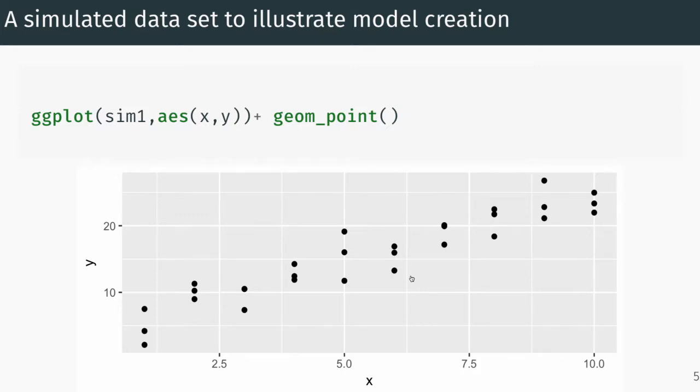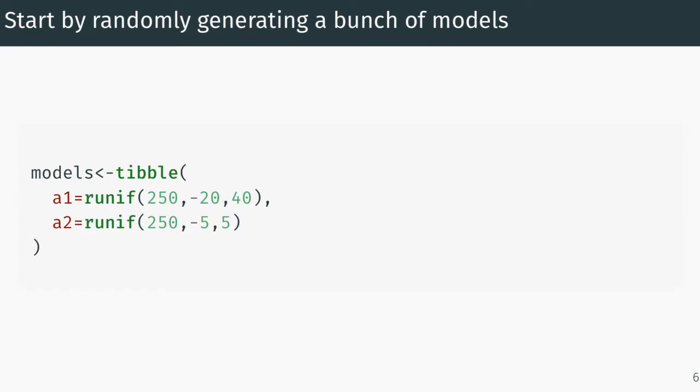We can see in the scatter plot a pretty good idea of what the model should look like. But we're going to abandon that intuition and go through a very crude method for creating a model. We're going to start out by randomly generating models, as if we don't have any intuition.